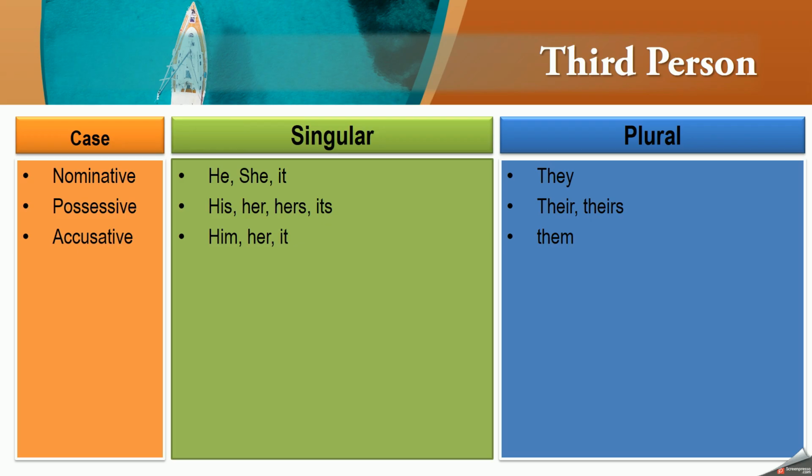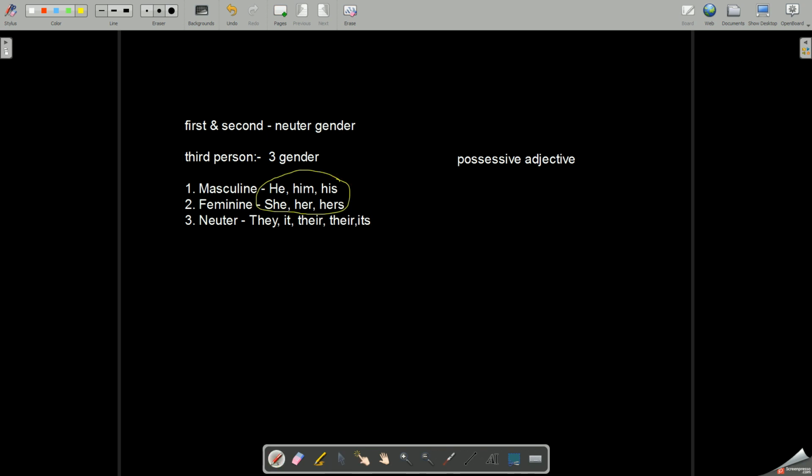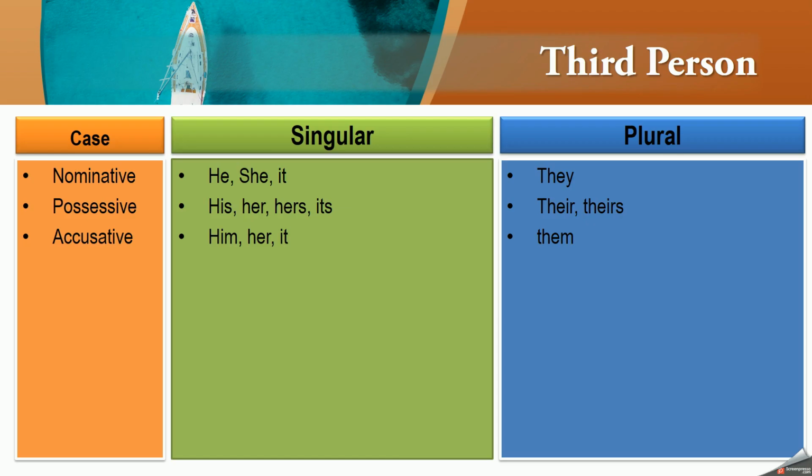So these are examples of neuter gender. He, him, his, she, her, hers are singular, and its is singular, but they, their and theirs refer to plural.